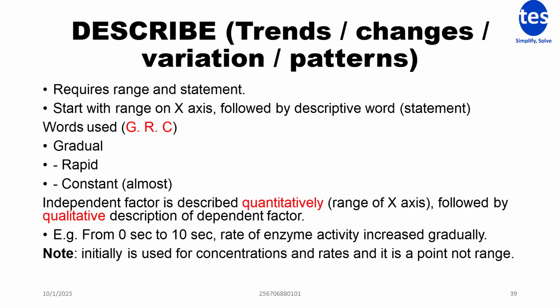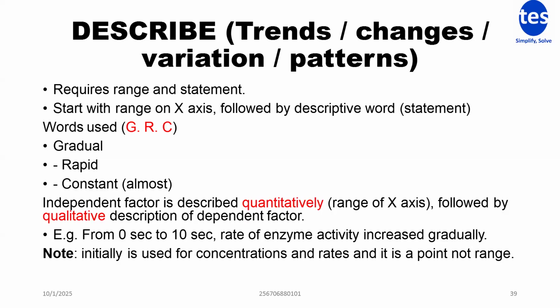The only difference comes if you are describing relationships and effects. That is a bit different. We shall do it briefly here before we proceed, because it is very important and a question which cannot be missed. When describing any graph, we start with the x-axis, followed by a descriptive word for the y-axis.